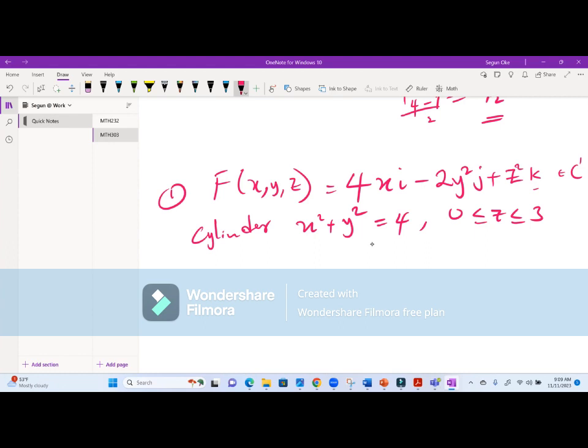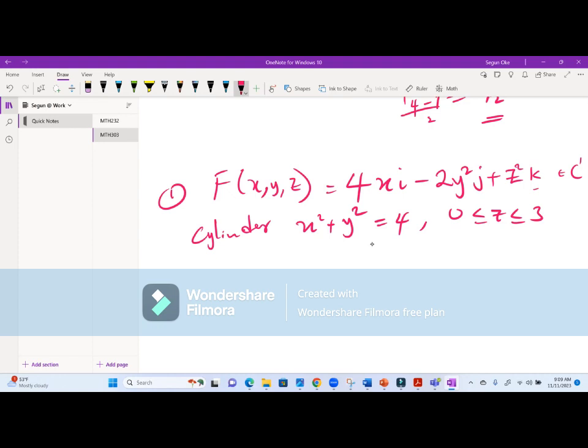Using the Gauss theorem that we did the other time, what do we need to do in this case?